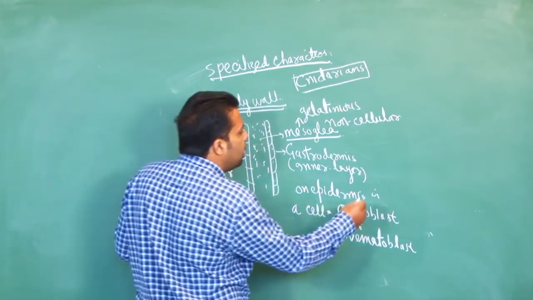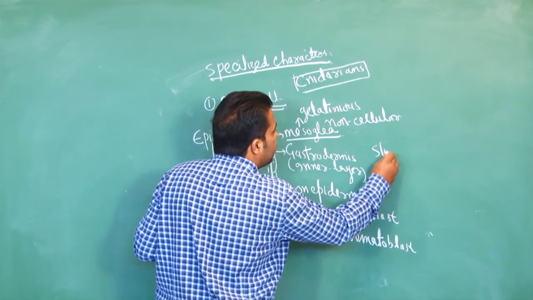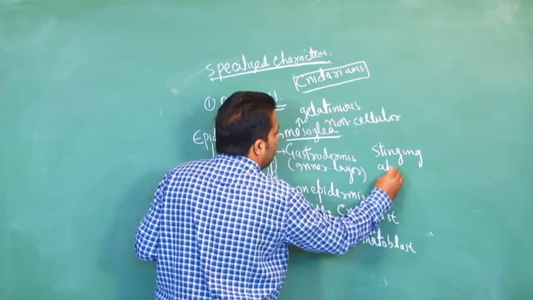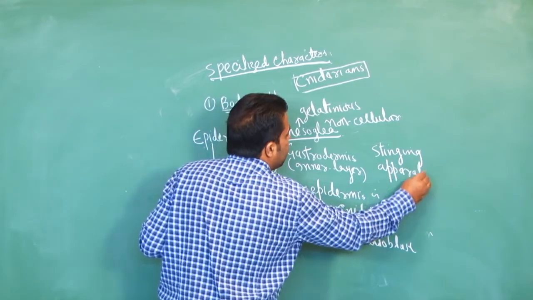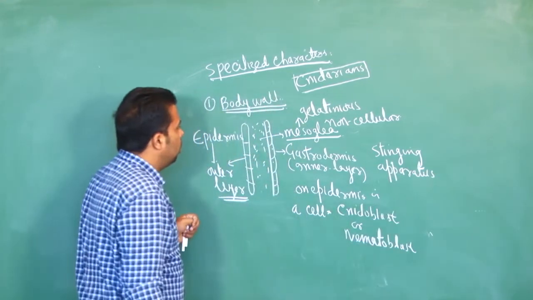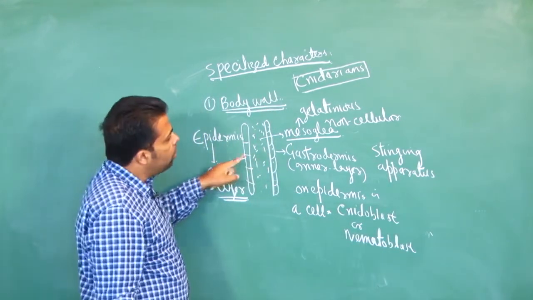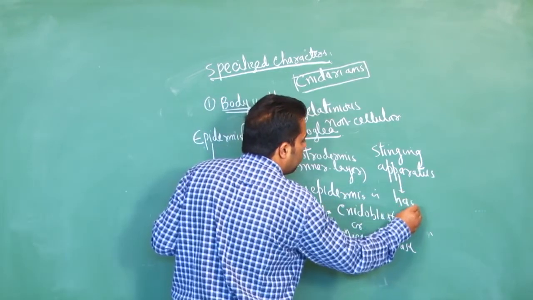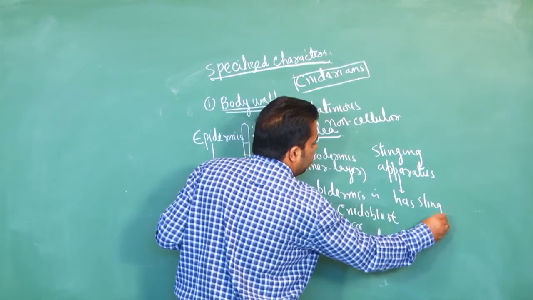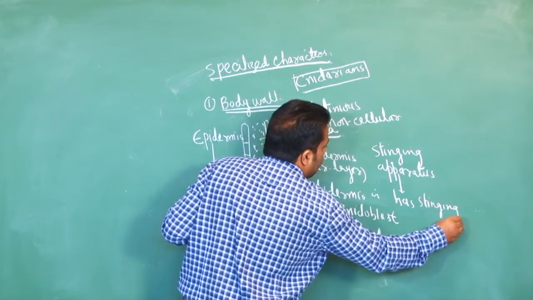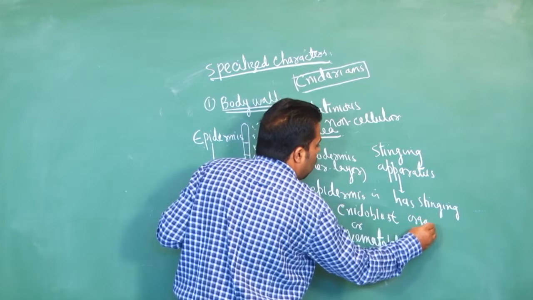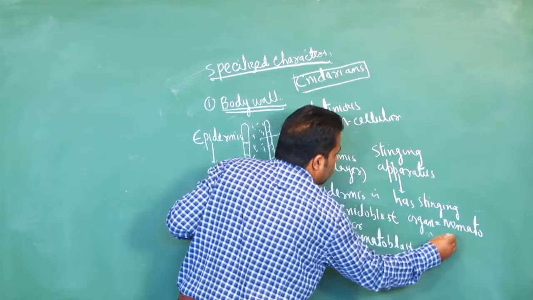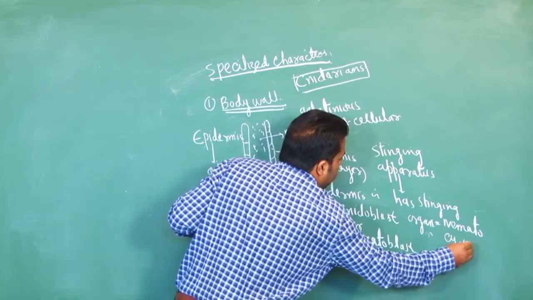This cnidoblast is a stinging apparatus. What is cnidoblast? It is a stinging apparatus of Coelenterata. This stinging apparatus has a stinging organ, and that stinging organ is called nematocyst.